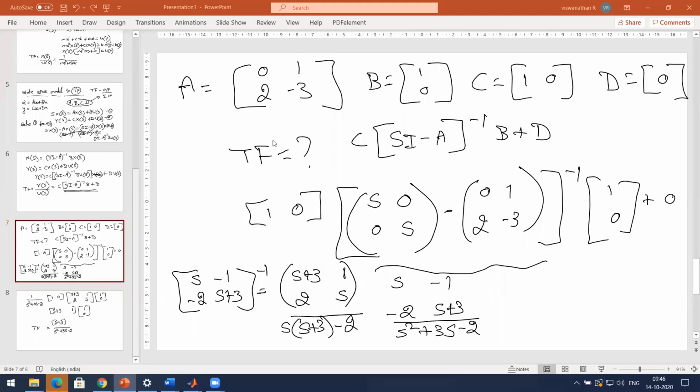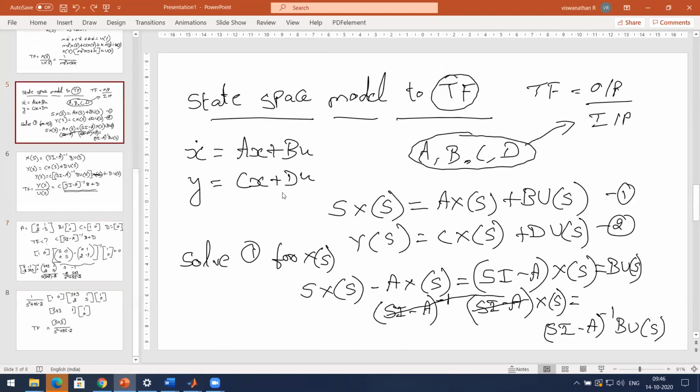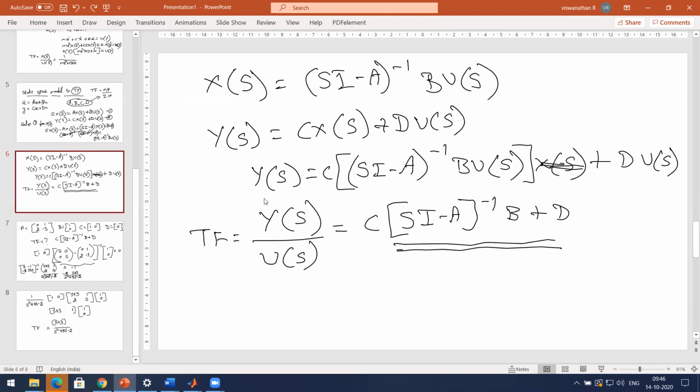At this state space model to transfer function conversion. These are the two equations for the state space model: x dot is equal to Ax plus Bu, y is equal to Cx plus Du. Then we derived the relation between the transfer function and the state space model, and it is of this form.